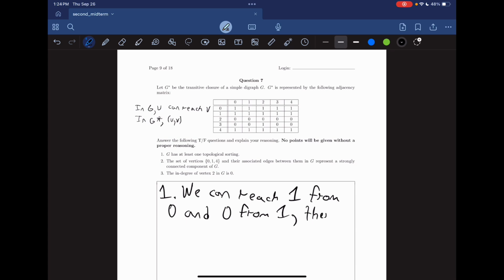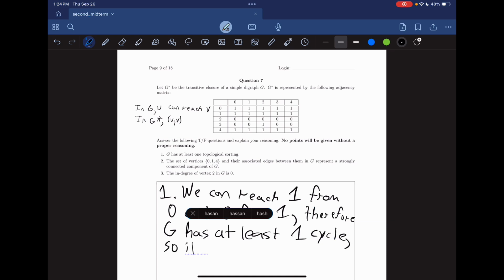Therefore, G has at least one cycle. So it cannot have a topological sort.